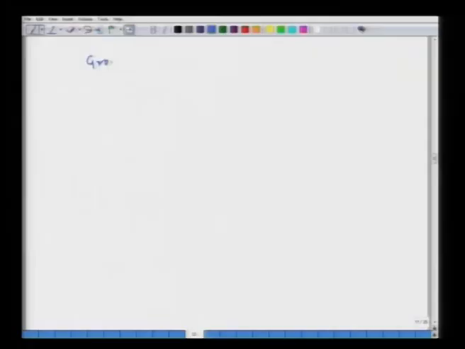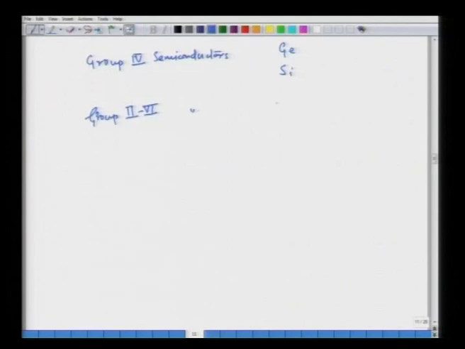So, if we take group 4 semiconductors, the most common were germanium, silicon, then we have group 2,6 semiconductors, in which we have zinc sulphide, zinc selenide, cadmium sulphide, cadmium selenide.